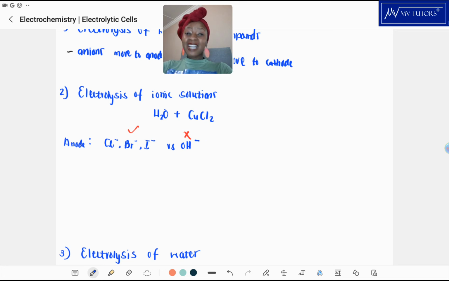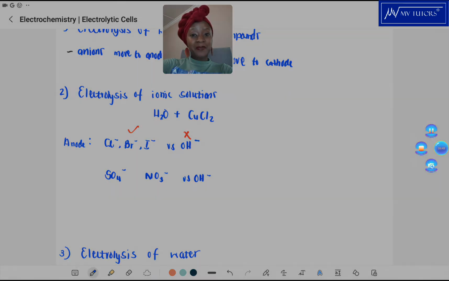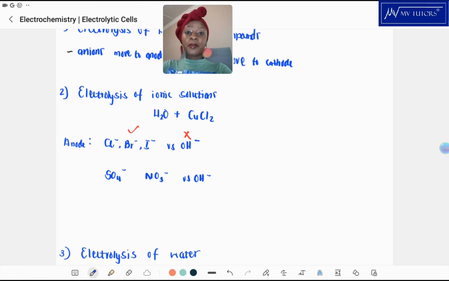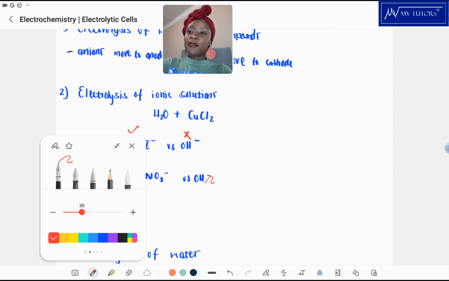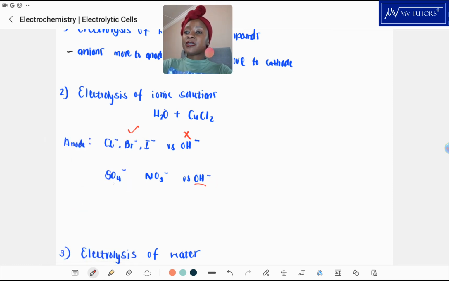But if you have other things, maybe let's say you have your sulfate ion, or you have nitrate ion, hope I'm having the right one there, versus the hydroxide, well, basically, the hydroxide will be preferred in this case. So that is what will happen if you have a hydroxide versus your sulfate.